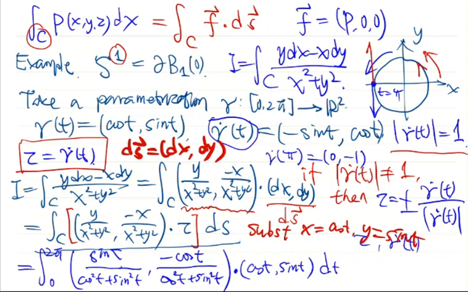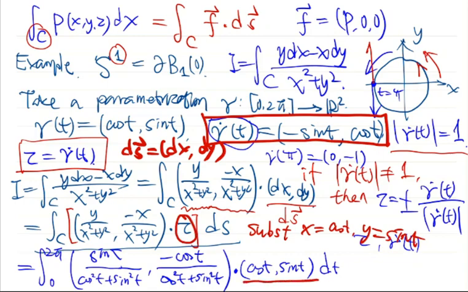Oh, sorry. I made a mistake. The tau, gamma dot t, is not cosine t, sine t. Gamma dot t is minus sine t, cosine t. Sorry, I made a mistake. So the tau here is not cosine t, sine t.